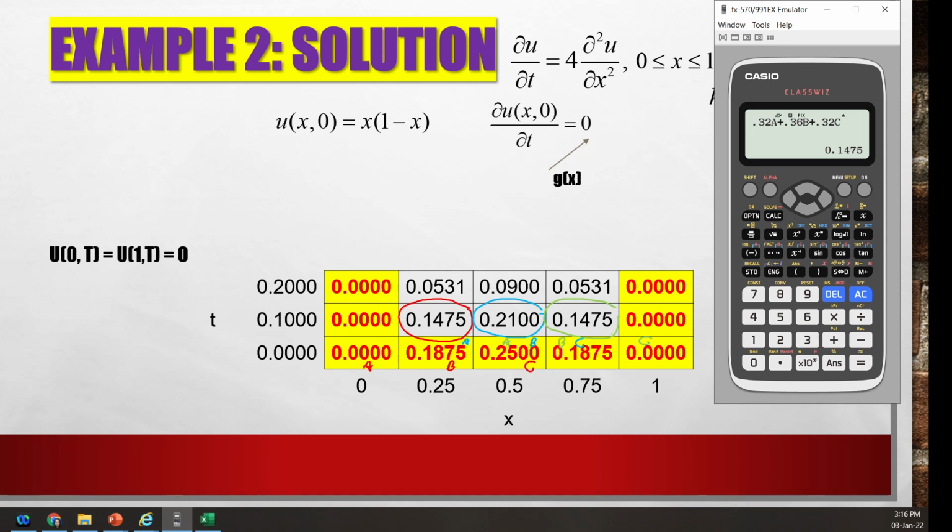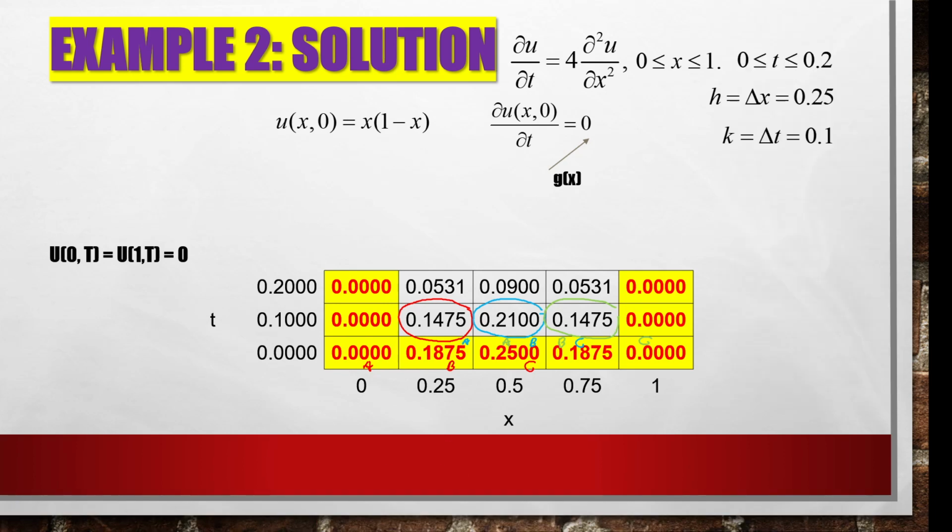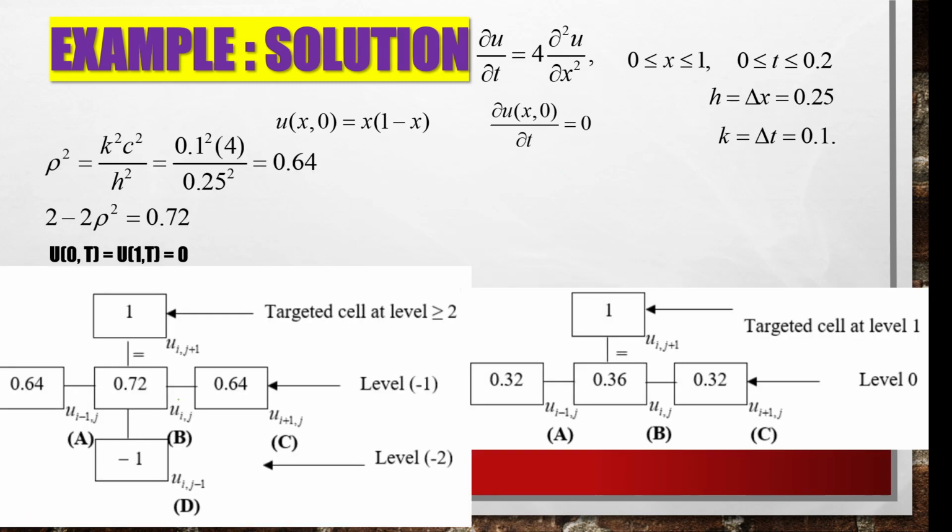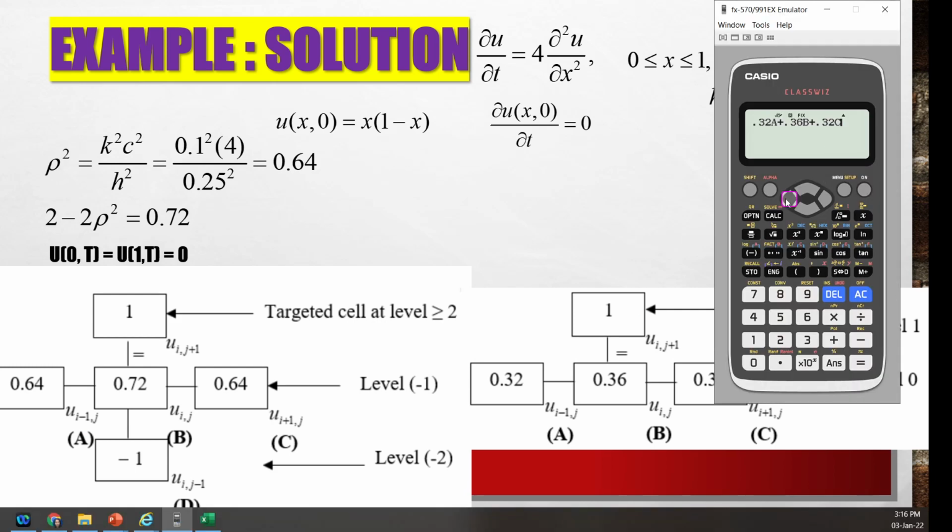Use the two level scheme. Okay, and then to calculate level 2 onward, you need this three level scheme. From two level scheme to three level scheme, their coefficients actually times 2.